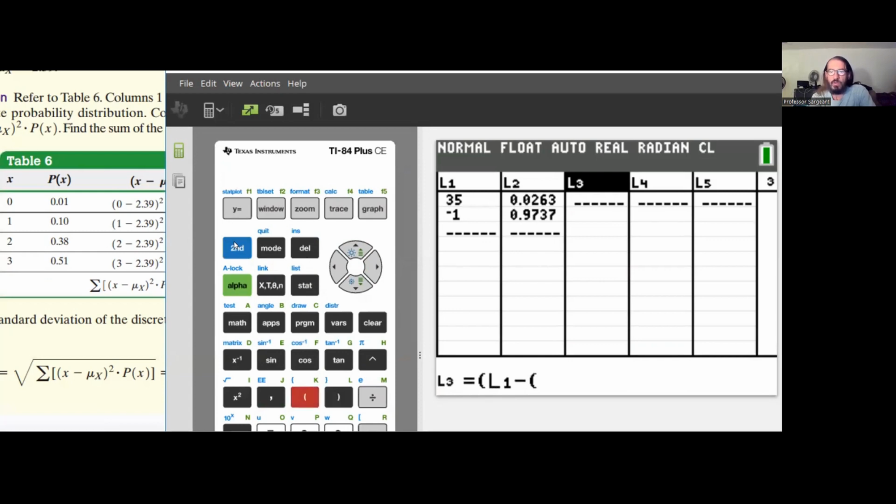Again, I can't get to my negative, but it's going to have the same effect as adding 0.05 positive. I could have done this all at once, but I'm going to square those and multiply by the probability. So going to the top of that column, tell it to take what's in list 3 and square it. Put parentheses around this just in case. Square it, and then multiply by the probability from list 2.